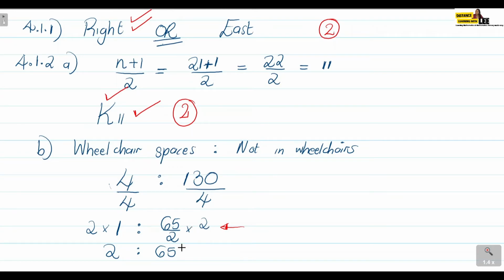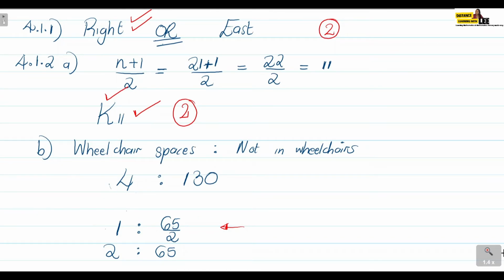Therefore, we need to multiply by 2 on the right-hand side to get rid of the 2 in the denominator. You see that there, the 2's cancel. And what you do on the right-hand side, guys, you need to do on the left-hand side. Therefore, we see that the ratio of the wheelchair spaces to the patrons not in wheelchairs is 2:65.